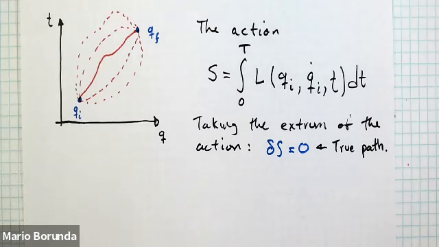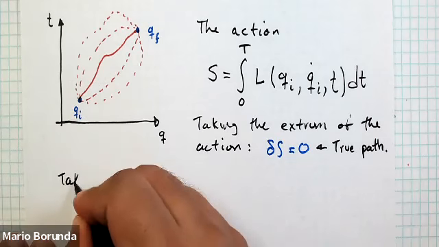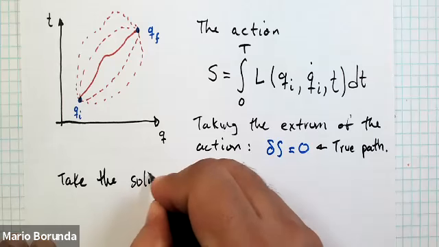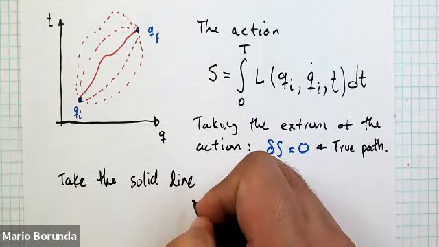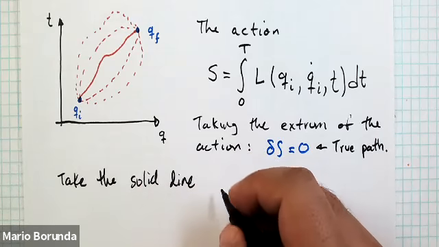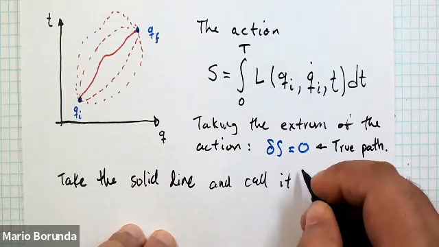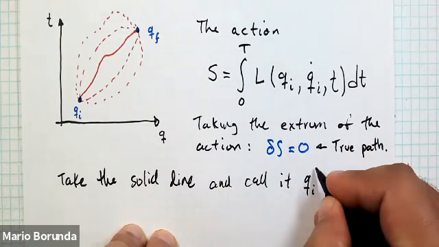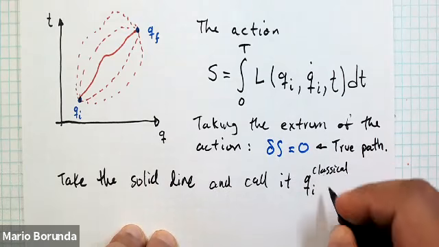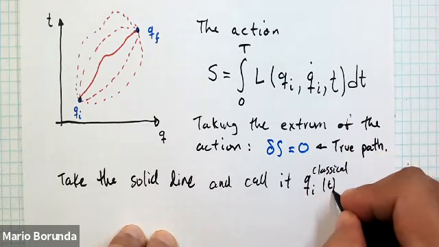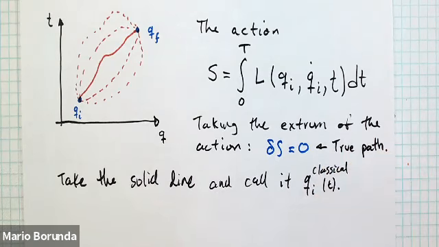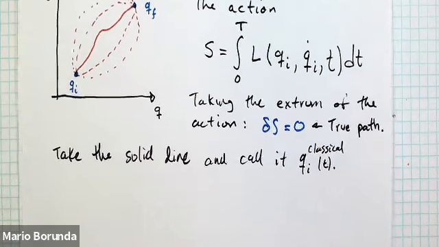What if, this red one right here, the solid one, we call it q_i classical, and this path depends on time, right? So this is the true path, the classical one, the red one.